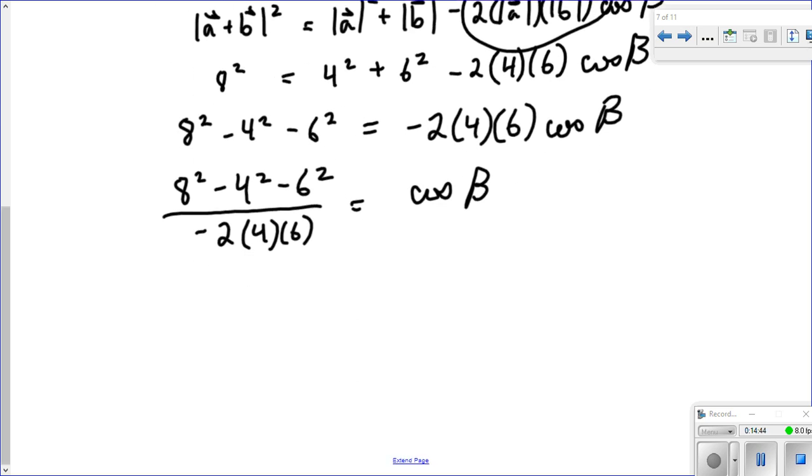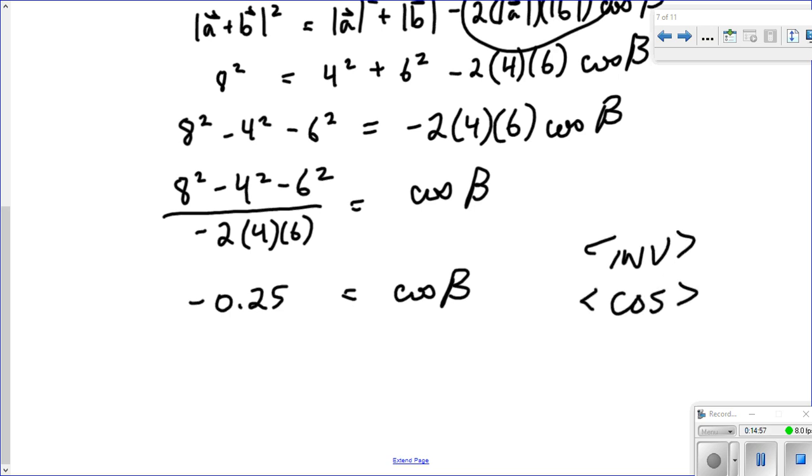Either way, I work this all out. I get this to be negative 0.25. That's the cos of B. Then I do inverse cos on my calculator, right? And I get B to be 104.